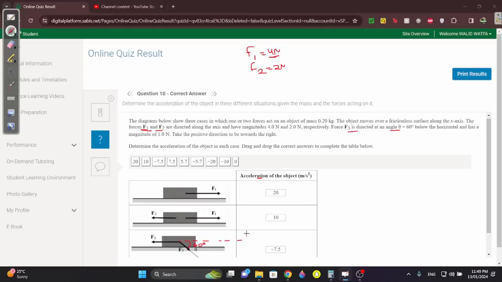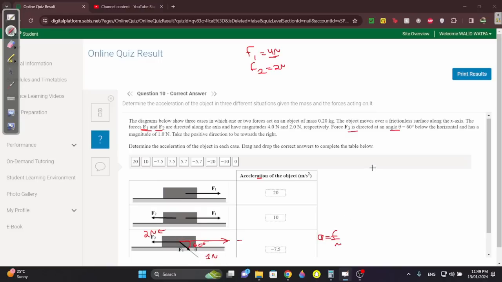We want the acceleration, which again is F over M. So you have to find the total net force. They gave us F3 is 1 newton. F2 is 2 newtons to the left, right? You can't just do 2 minus 1, because obviously this one is at an angle. So you have to find the x component.